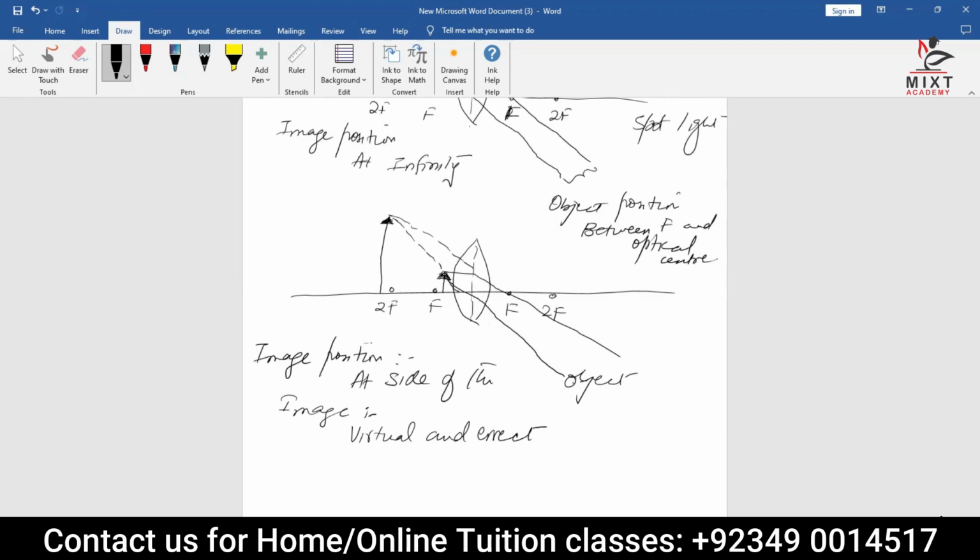And the most important part is it's a very big image. So we call it a magnified image. And the practical application of this case is the magnifying glass. This was the last case of image making through the convex lens.